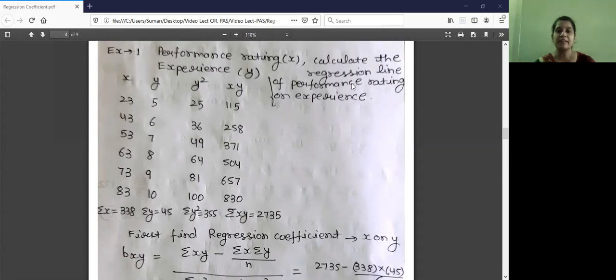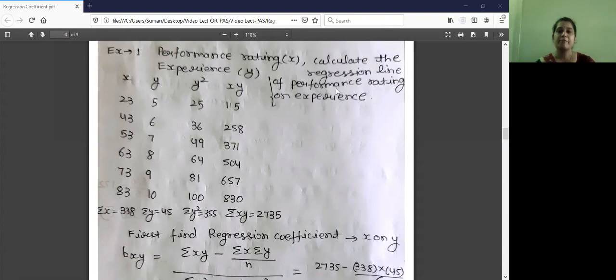So here we are given two values, X and Y. The value of X is 23, 43, 53, 63, 73 and 83, and the value of Y is 5, 6, 7, 8, 9 and 10.